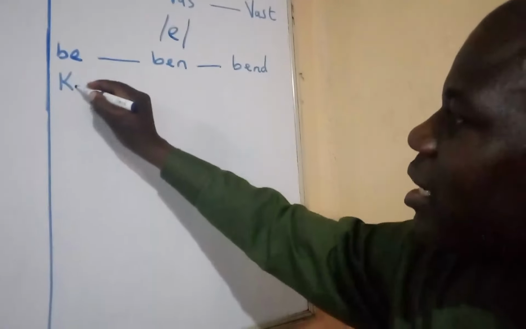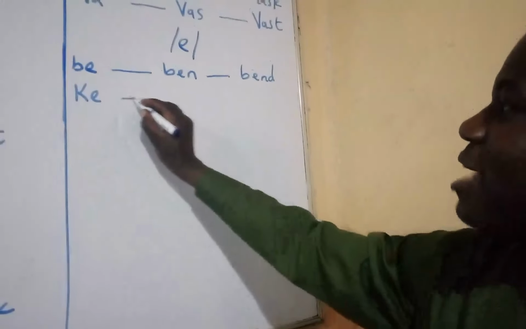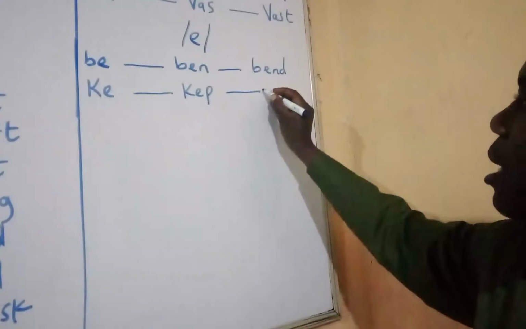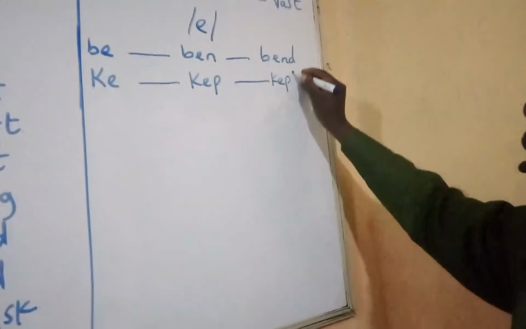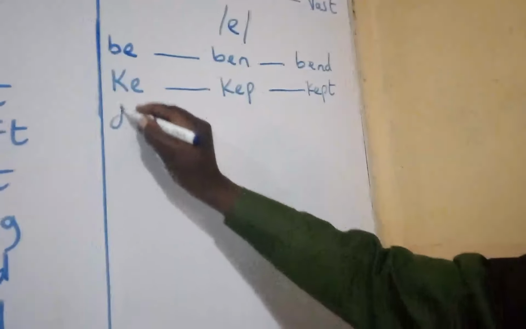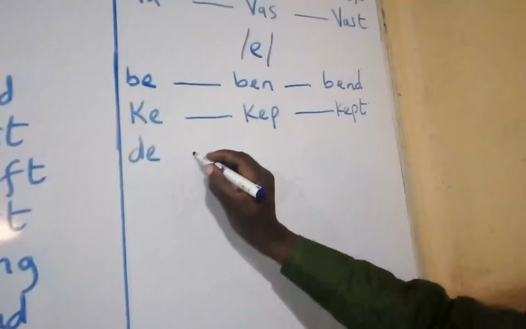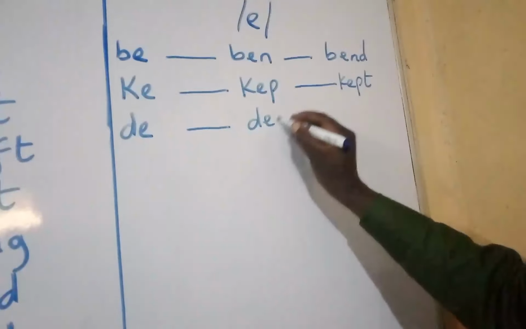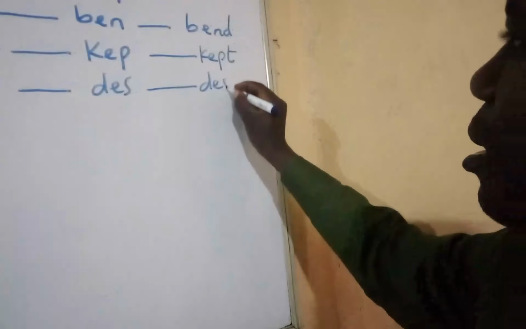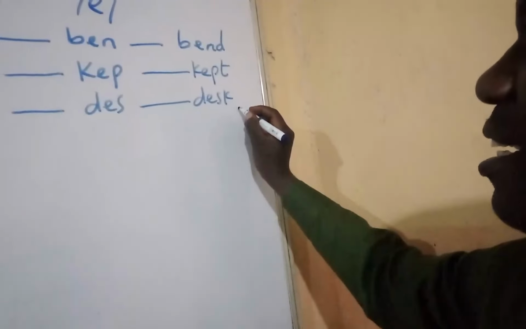Then K as in kept, and so 4, kept. D as in desk, so 4, desk.